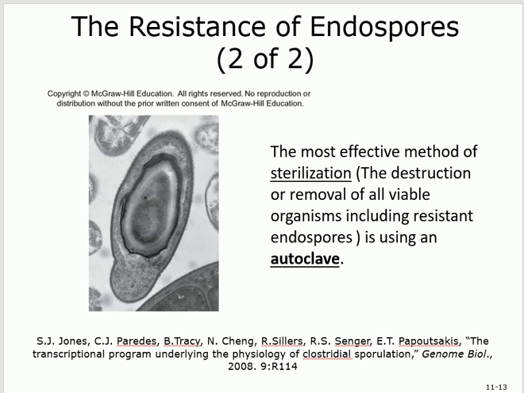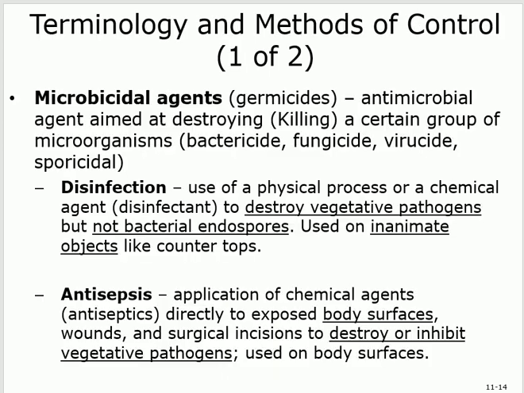We will go to the other things, disinfection and sanitization and all that stuff, but you need to remember this word, sterilization. Sterilization means all, including resistant endospores. So when you're done with the sterilization, zero, nothing at all. And this is your autoclave. Anything else is not that effective. This is the most effective.